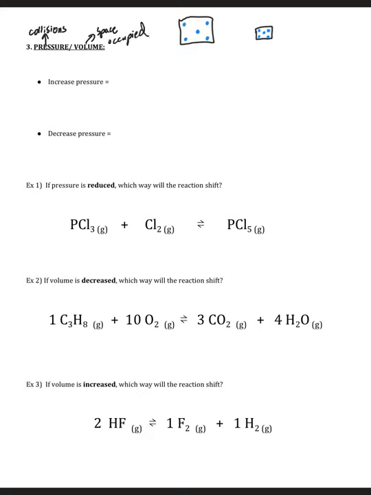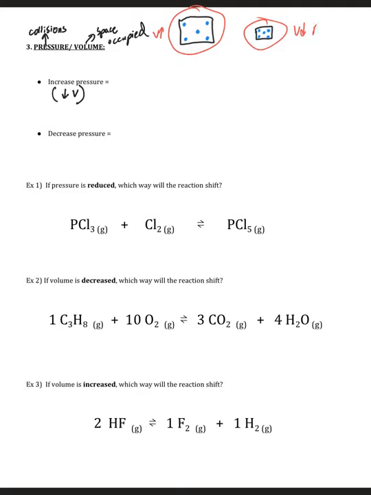Okay, so now that we remember what those two are, let's talk about how they can shift a reaction that's at equilibrium. Now, if you increase the pressure of something, which is the same as decreasing the volume, and just to make sure we remember that, if we look at these two particle diagrams here, this one would have a very small volume, this one would have a very large volume.